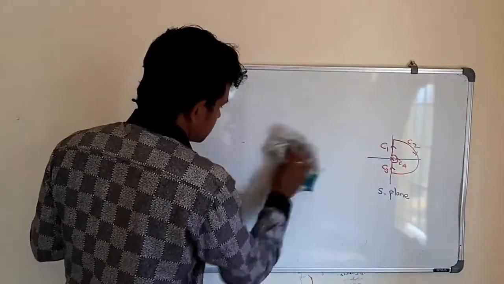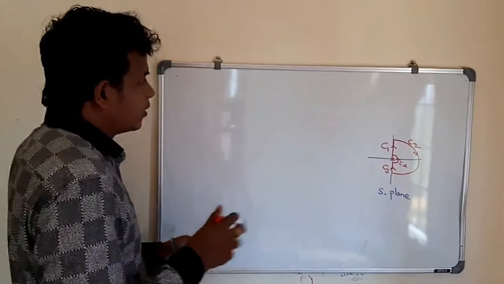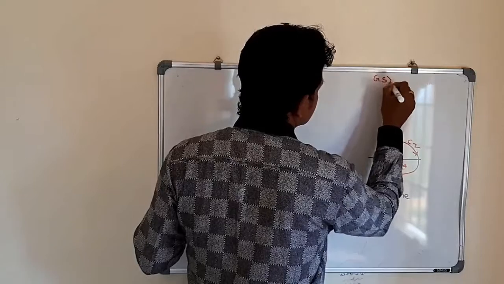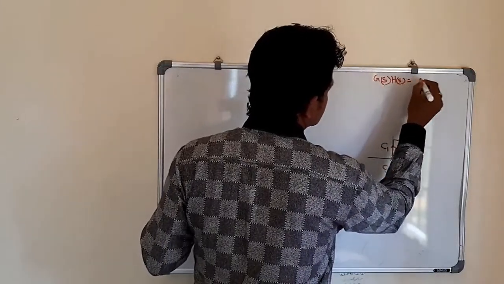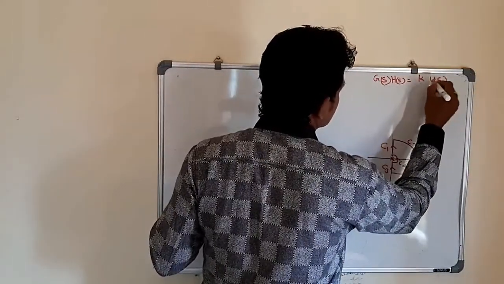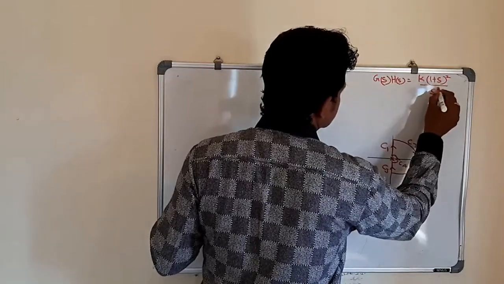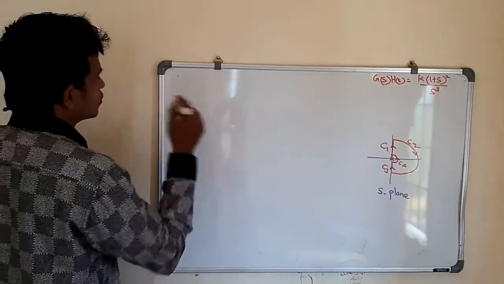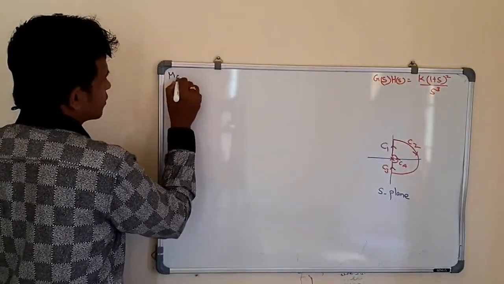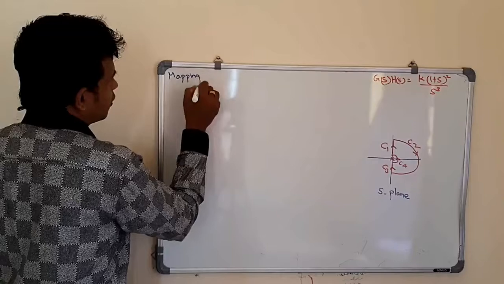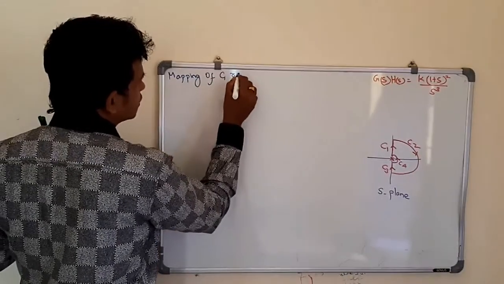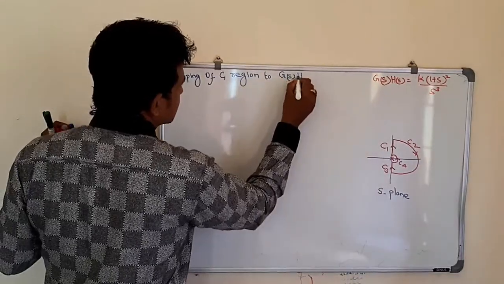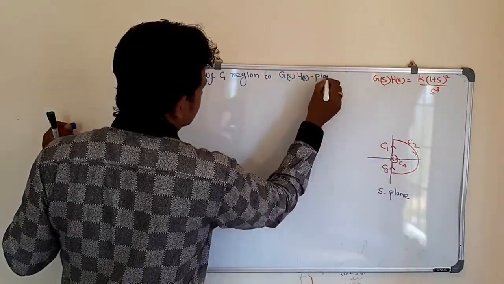So first let me write the transfer function here. G(s) into H(s) is equal to k into (1 plus s) the whole square divided by s cube. So now I am going to do the mapping of the C1 region to the G(s)H(s) plane.